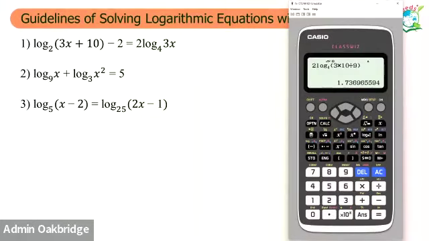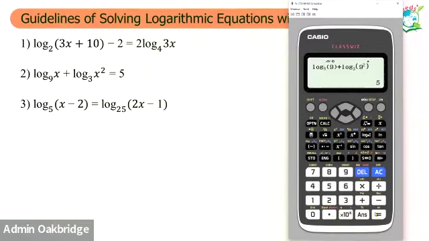Okay, so let's check for this one. 9 plus log base 3 of 9 squared, right? And try to check whether this equals 5 or not. Yes, it's 5. Then confirm this is correct, and you get full marks for this question.